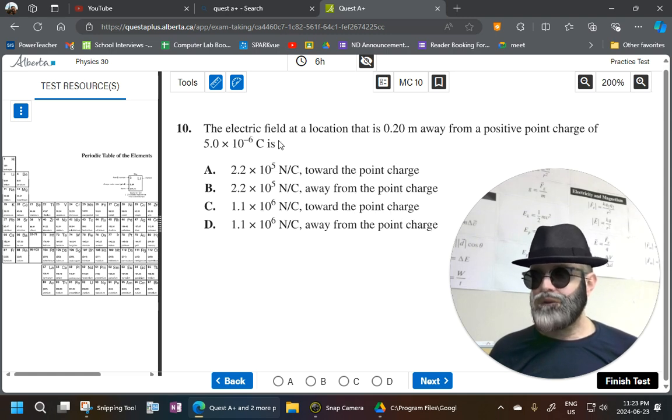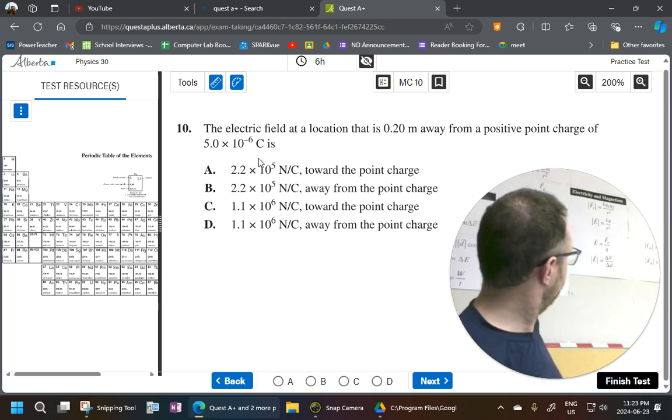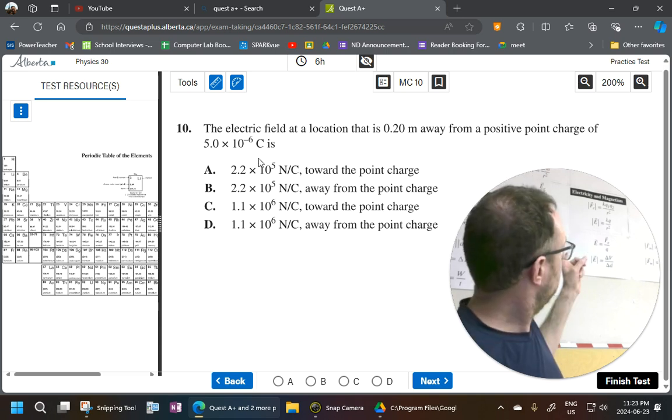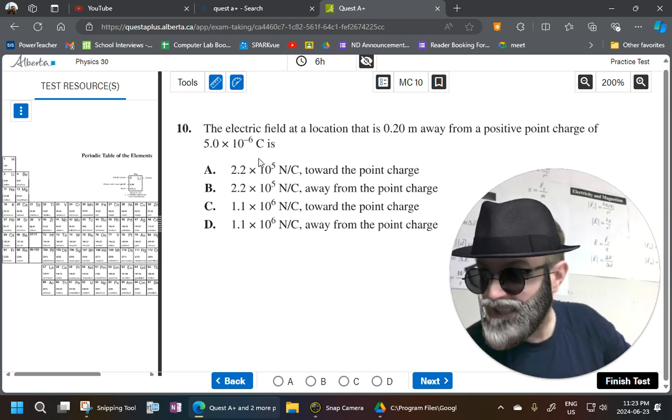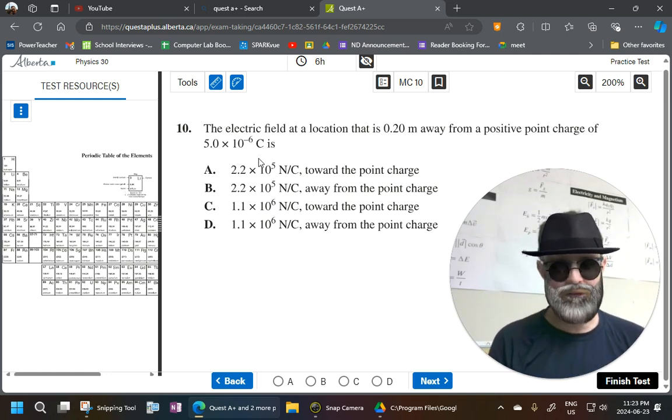Electric field at this location from a positive charge. Is there a formula for that? Oh, look at that. Force divided by Q. No. Oh, it's right there. KQ over R squared, guys. I don't really want to type it in my calculator. This question is just too easy.